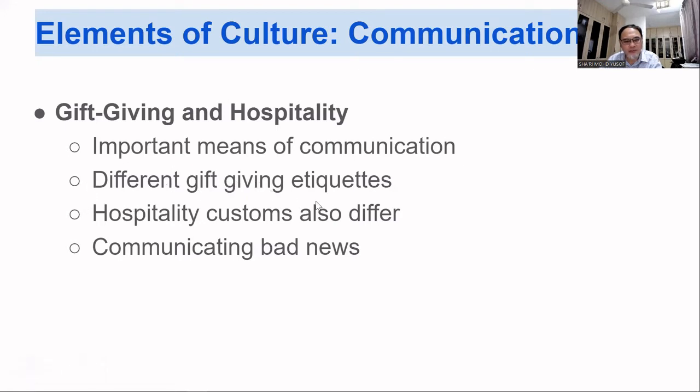There are different gift giving etiquettes, and the hospitality customs differ between cultures. Also, communicating bad news differs in each culture. For example, if there's a death in the family, how are you going to convey that to the person?